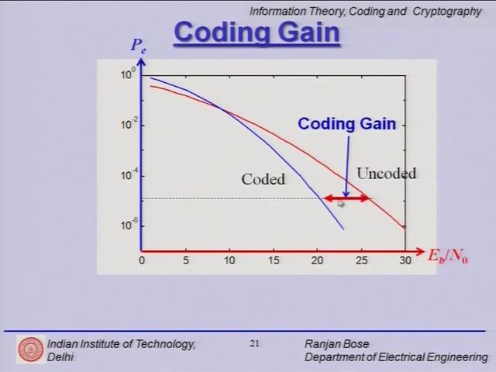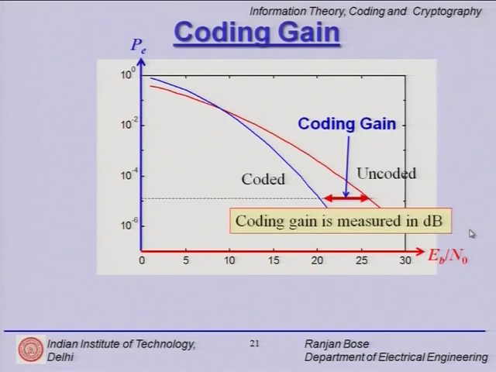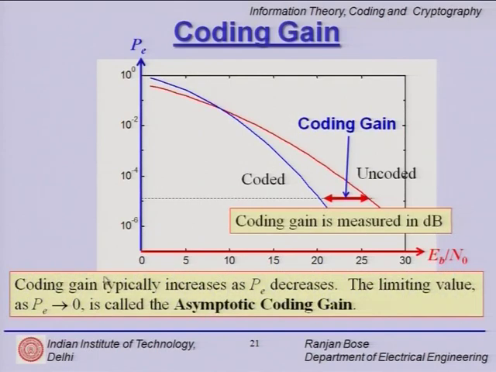But this coding gain is a function of Pe. So only at 10 to the power minus 5 in this example I have this much coding gain. If I have 10 to the power minus 4, the coding gain goes down, and at 10 to the power minus 6 the coding gain is even higher. So coding gain is measured in dB, and coding gain typically increases as Pe decreases, as we have seen just now.